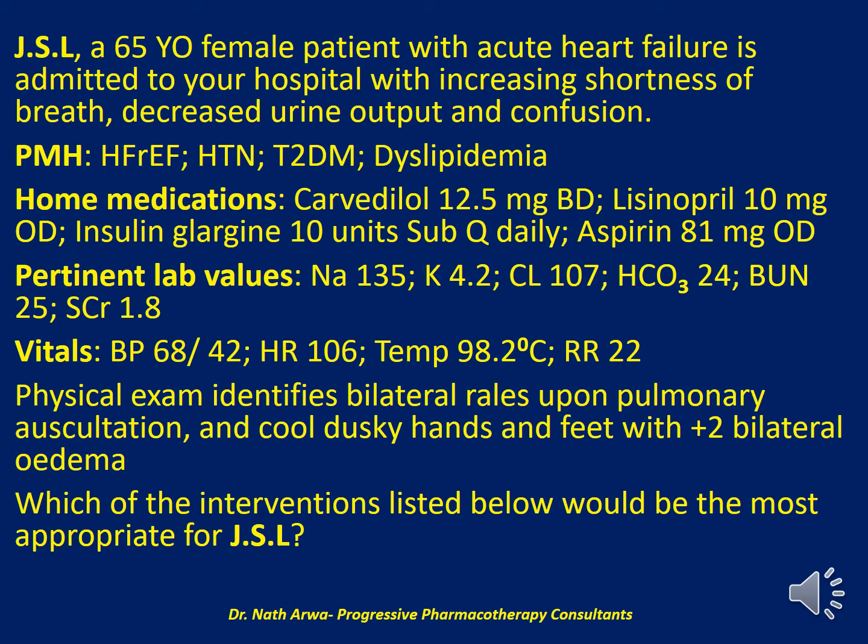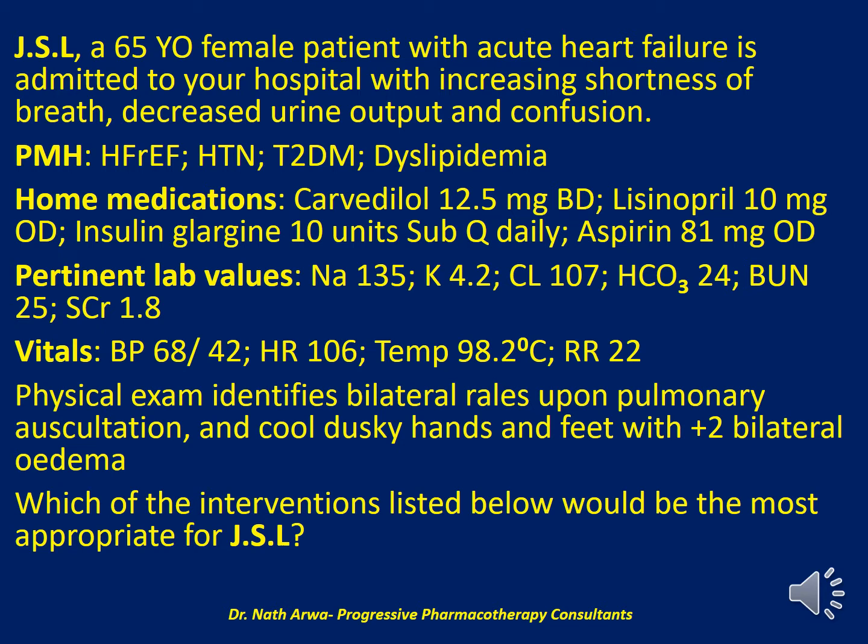The temperature is 98.2 and the respiratory rate is 22. A physical exam is done and it identifies bilateral rales upon pulmonary auscultation, and it emerges she has cool, dusky hands and feet with a +2 bilateral edema. The heart seems to have an issue here.